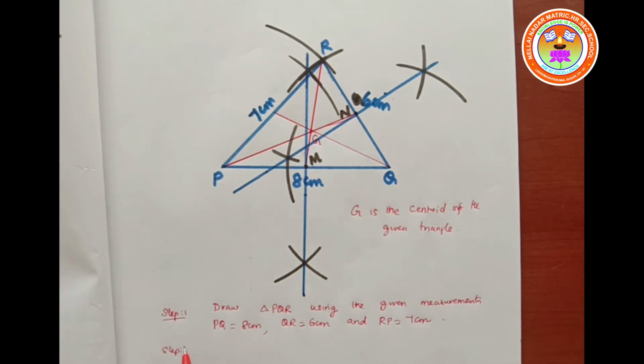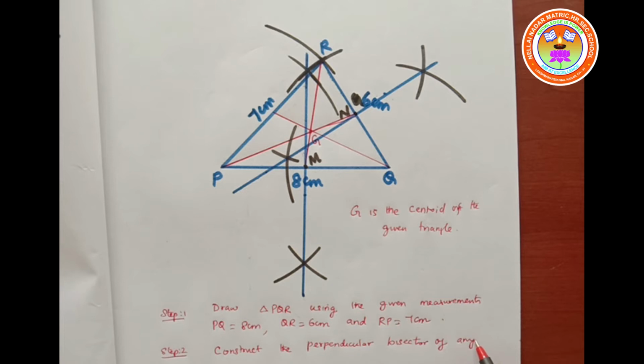Step 2, construct the perpendicular bisector of any two sides.